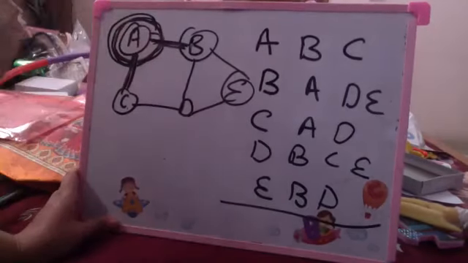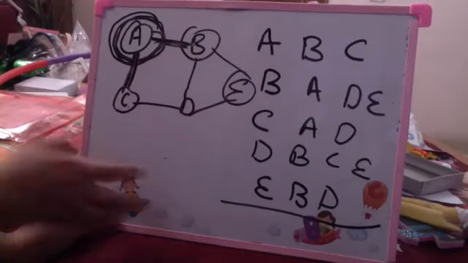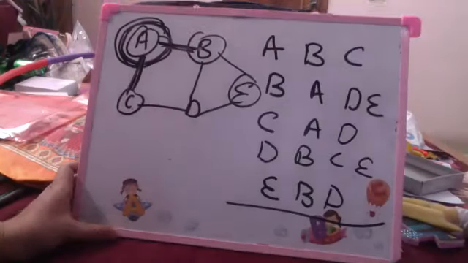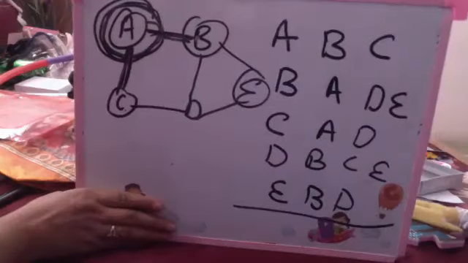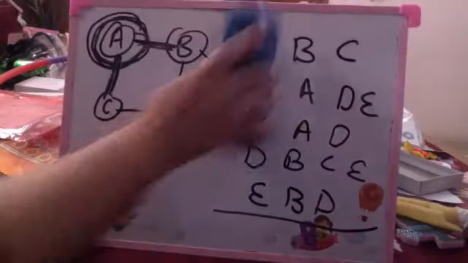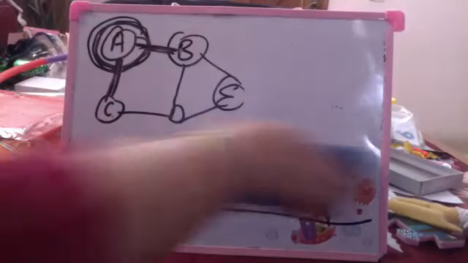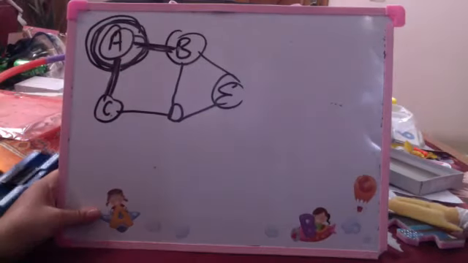So in case I represent this graph in the form of a tree, the same graph, this can be represented so that you understand the meaning of breadth first search and depth first search.